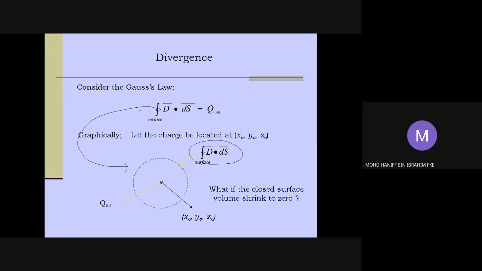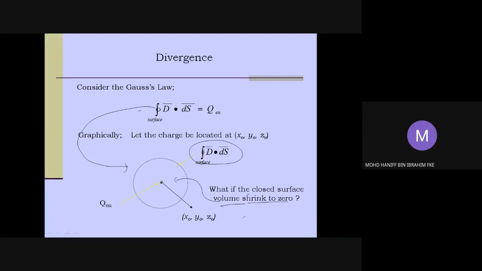Okay, so the concern now is what happens when this particular volume of your sphere is said to shrink to 0. What will be the case if the volume of your Gaussian surface is shrunk to 0? This is the important thing that needs to be understood from the concept of divergence, because divergence is basically the flow of flux from a point.